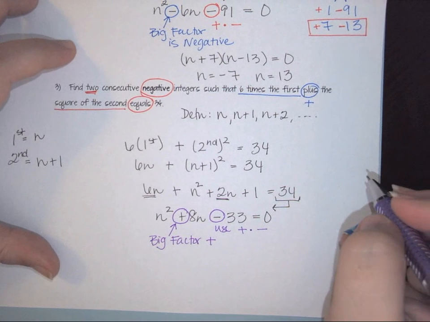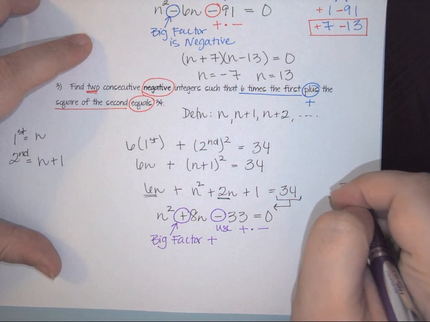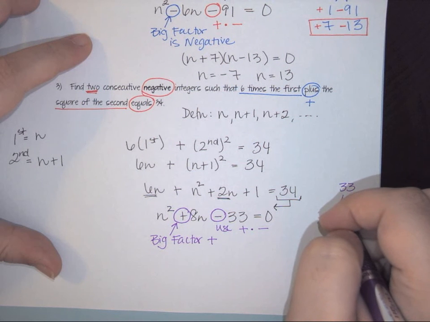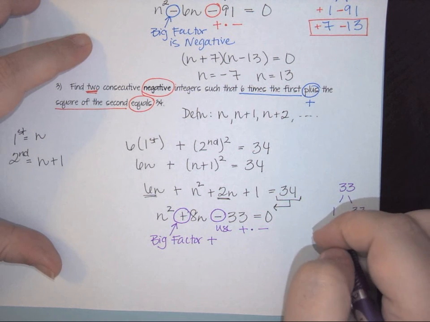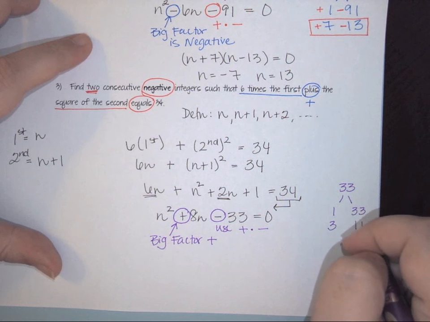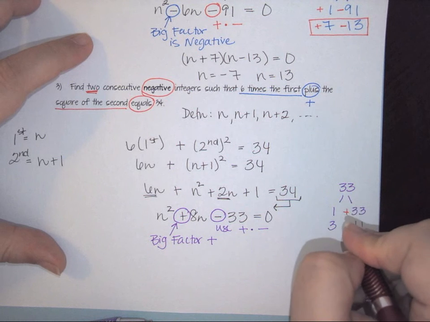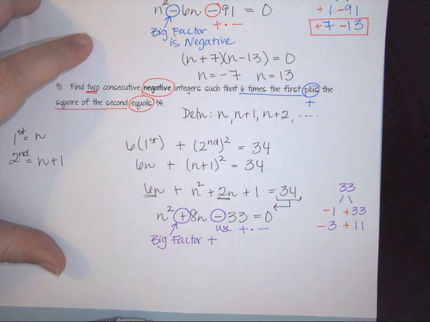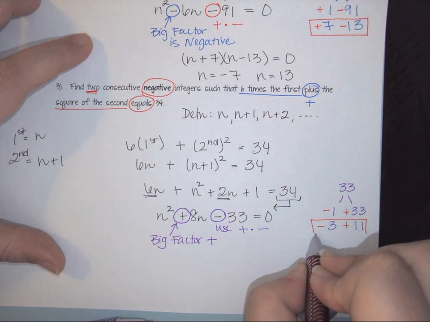And then I need to know factors of 33. So when I'm looking at 33, we have 1 and 33. We also have 3 and 11. Of these, the bigger factor is positive, so the bigger one's positive, the smaller one is negative. And I need to know which combination gives me 8. Well, 11 minus 3 will do just that.